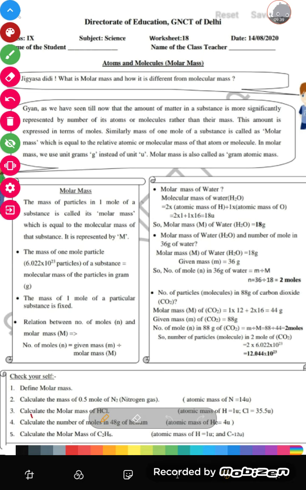Next question: calculate the molar mass of HCl. Students, we have to find out the molar mass of HCl, right? For HCl, we have 1 into 1 plus 35.5 into 1.